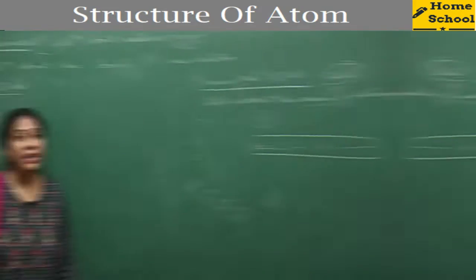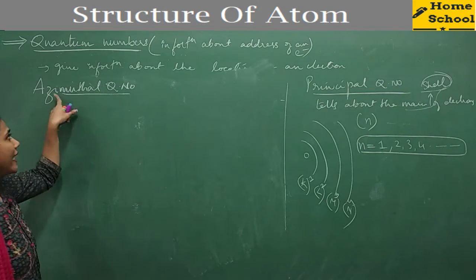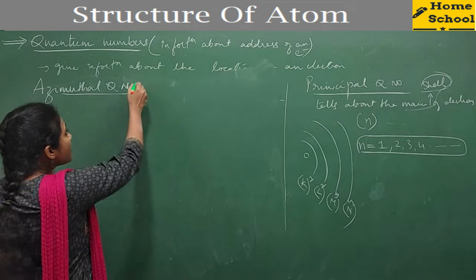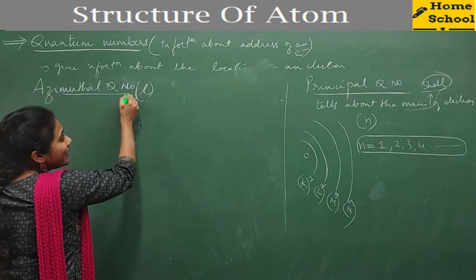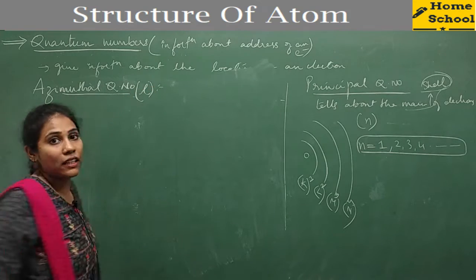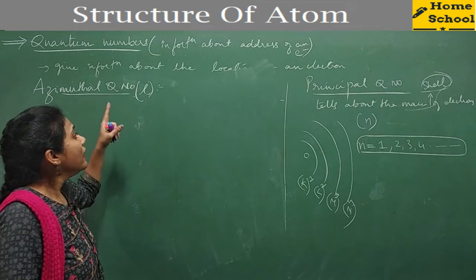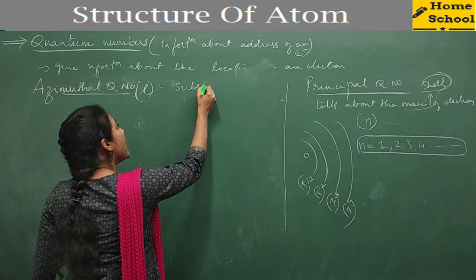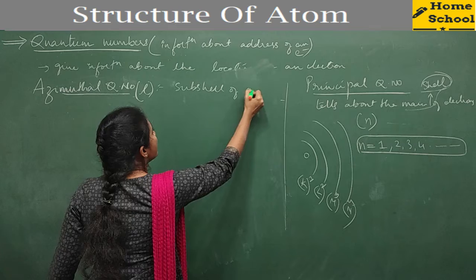Now let us discuss the next quantum number, that is the azimuthal quantum number. The azimuthal quantum number is indicated with a small letter l. Clear? Now the azimuthal quantum number talks about the subshell of an electron.